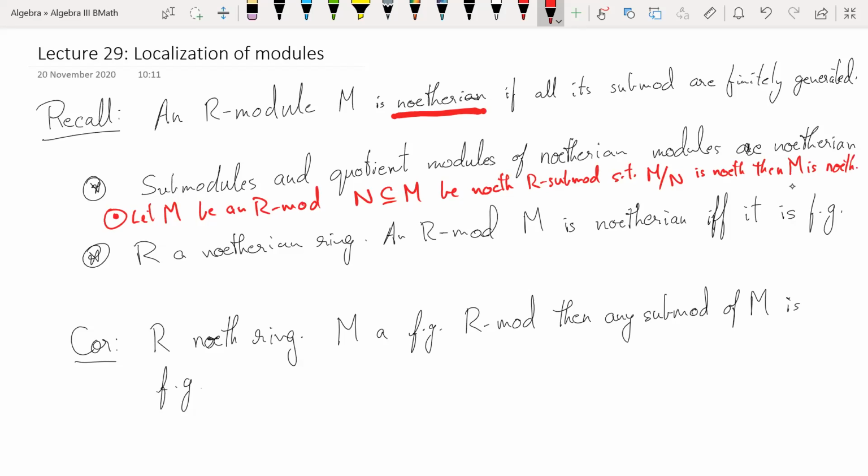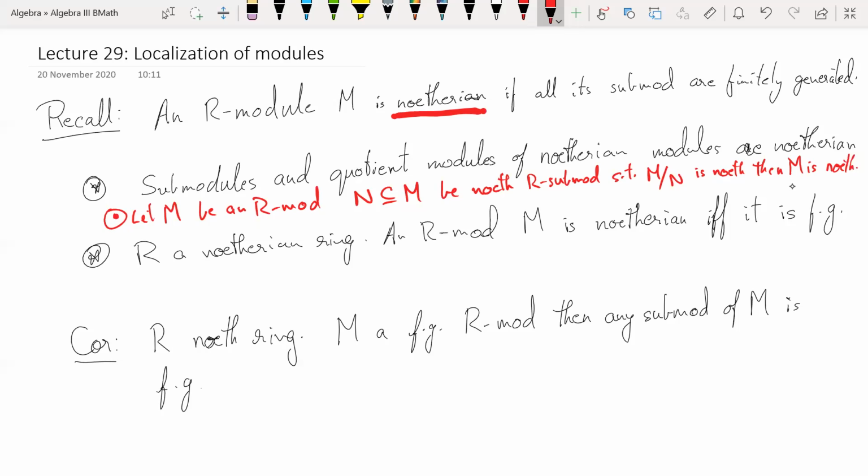If R is a Noetherian ring, then M is Noetherian if it is finitely generated. And the other direction is more or less by definition: if M is Noetherian, then it is automatically finitely generated. And a consequence of these results is that we are interested in finitely generated modules, or when a module is finitely generated.